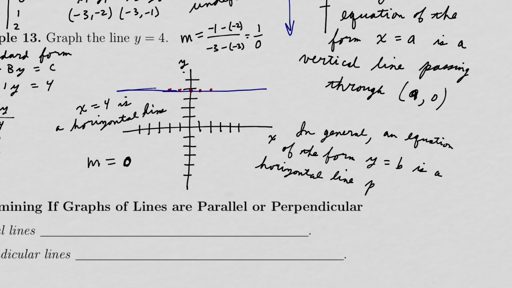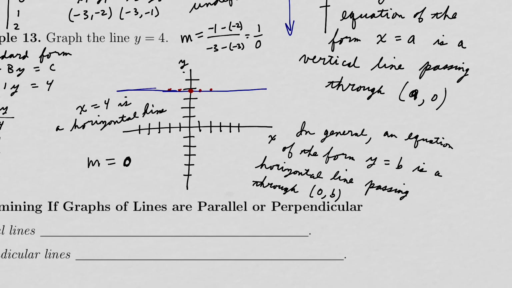That's always going to pass through 0 comma b, right? The y-intercept. Passing through 0 comma b, right? In this case, it passed through 0 comma 4, that point right there. Okay, so x equals a constant is a vertical line, slope is undefined. Y equals a constant, when you graph it, is going to be a horizontal line where the slope is equal to 0.